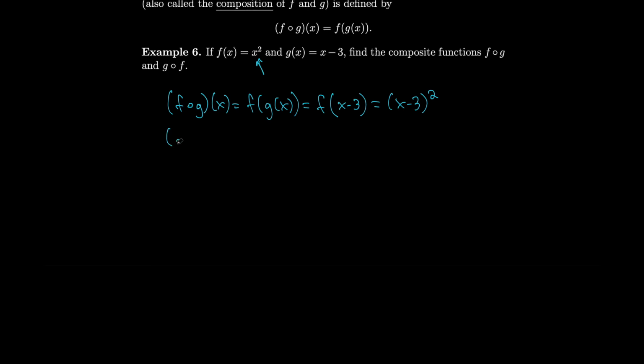Okay, g composed with f now. So that's g of f of x by definition, which is g of, well, f is x squared, so we'll plug in x squared for g. And if we plug in x squared over here, that means that it's just x squared minus 3. So notice the order matters a lot. F composed with g is often not equal to g composed with f.